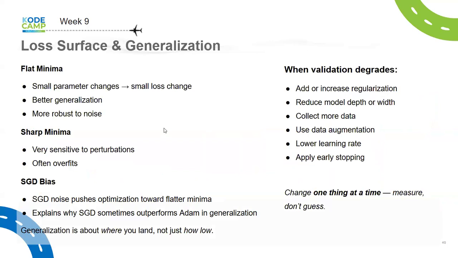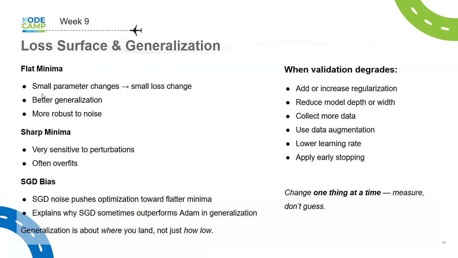Yeah, so this is a summary of everything we have talked about. We started off this whole conversation with the loss surface. Now we'll round it off with the loss surface as well. So this is how you can interpret it. If your loss surface has flat minima, it means that small parameter changes will result in small loss change.